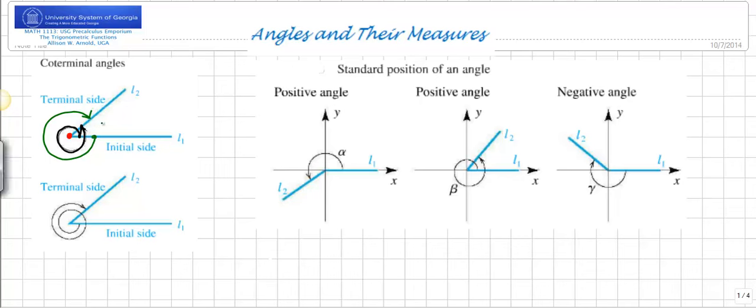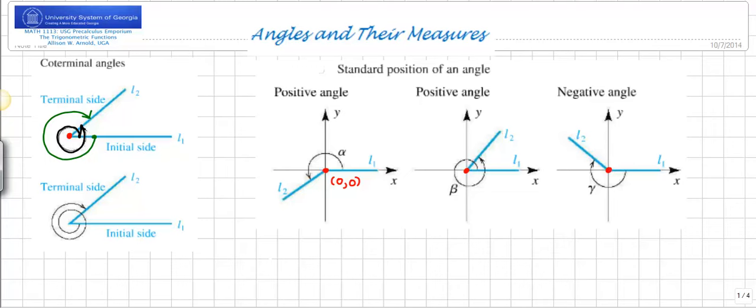Okay, so given that we have an initial side, a vertex, and a terminal side, we're going to calibrate our thinking about angles with what we refer to as the standard position of an angle. So using the coordinate plane as a guide, the standard position of an angle means that your vertex is at 0, 0. So the vertex is always at the origin.